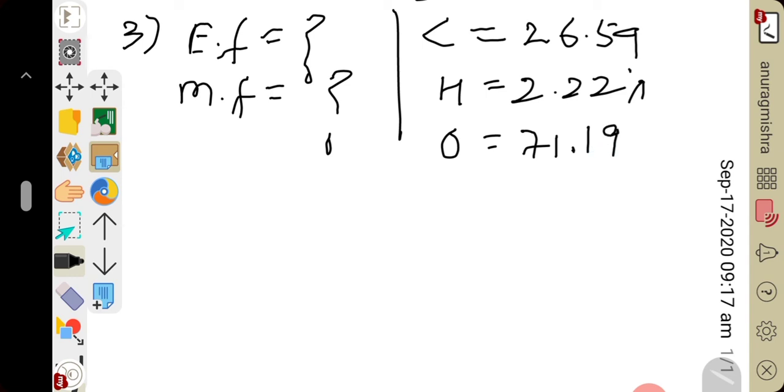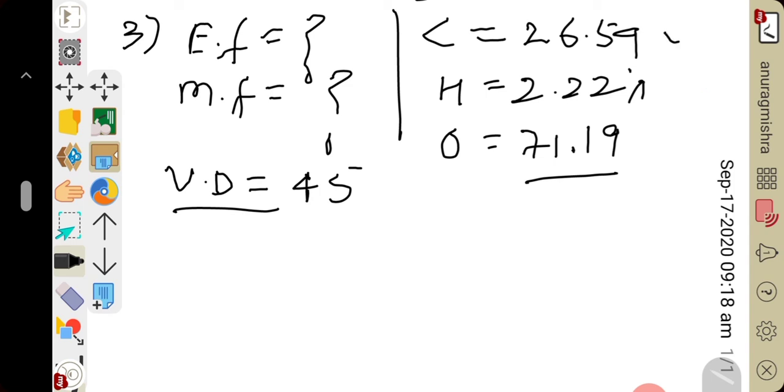Overall the sum of these percentages should be 100. 26 plus 71 is 97 point something, yes, it is okay, it is 100%. Apart from this, in the numerical vapor density VD is given, VD is 45. You have to find the empirical formula and molecular formula.